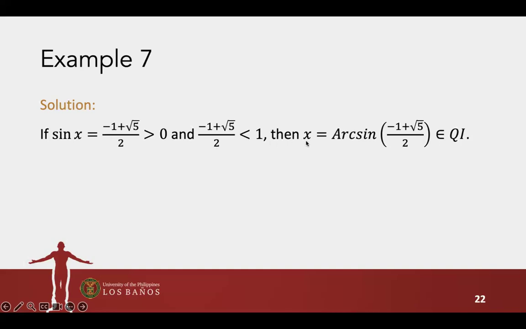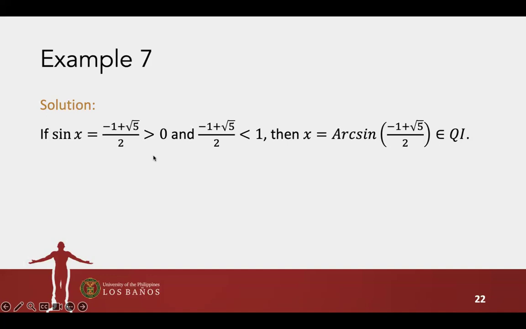So then that means the value of x in the first quadrant must be arcsine of this value, -1 plus square root of 5 all over 2. Okay, so we're sure that this is in the first quadrant again because it is positive. So now that we know this, we have to check other than the first quadrant, where is sine positive? Where is sine greater than 0 or positive?